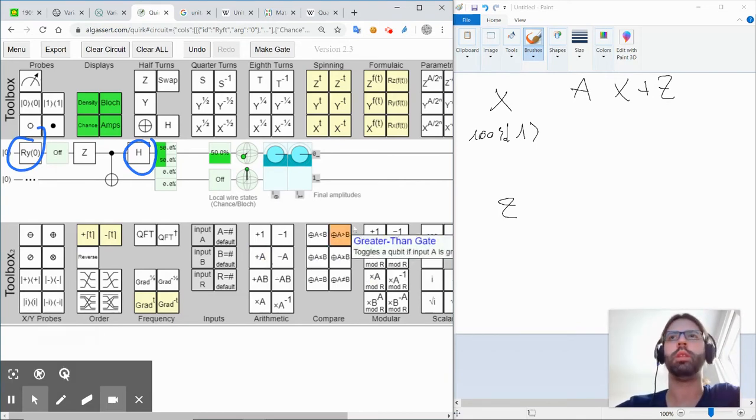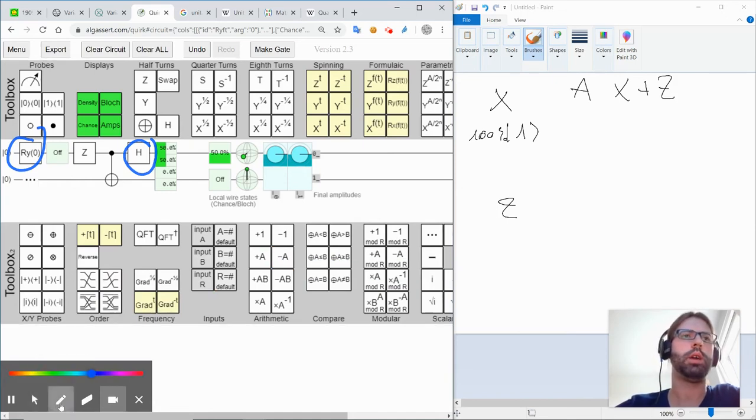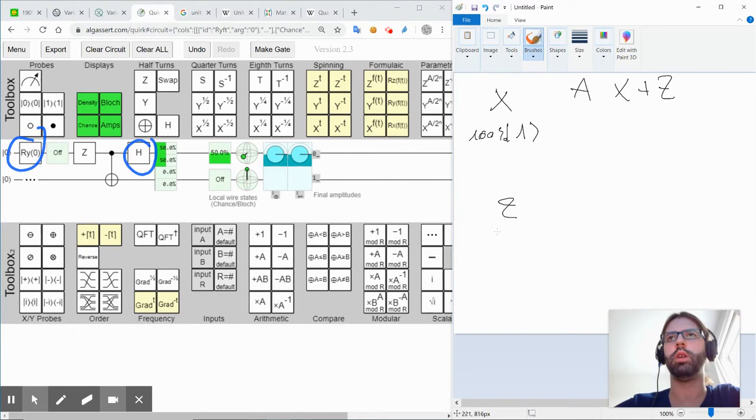So it's 100% 0. Now if I add them all, it should be like the cat 1 plus the cat 0.